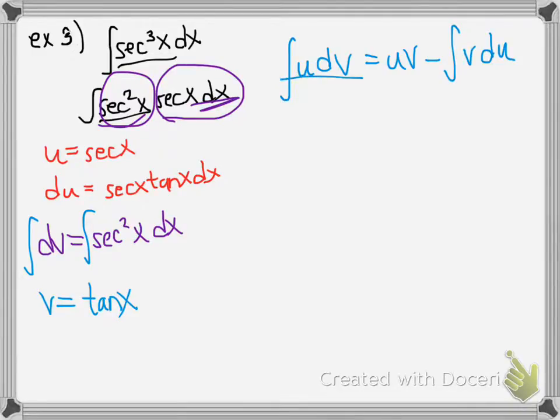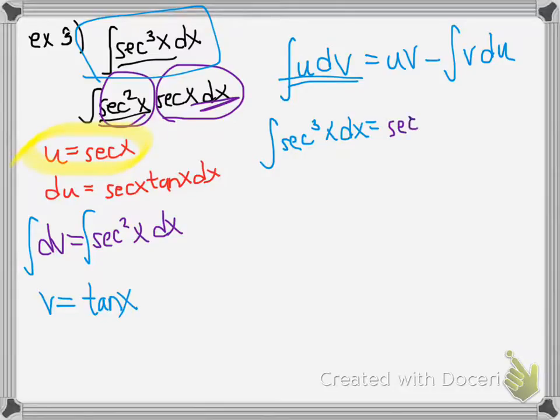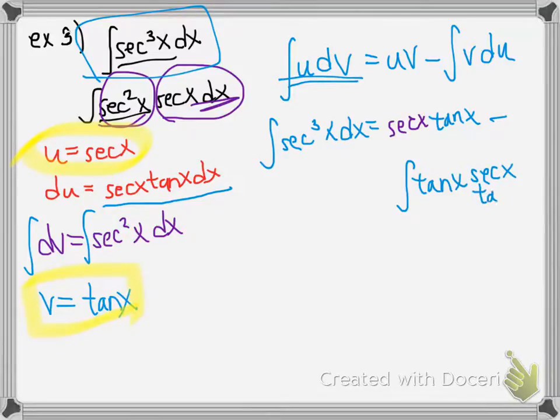So my original function, the integration of secant cubed x dx, equals u, which is secant x, times v, which is tangent x, minus the integral of v, which is tangent x, times du, which is secant x tangent x dx. I'm running out of room.